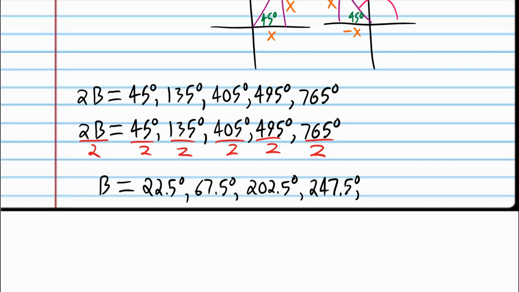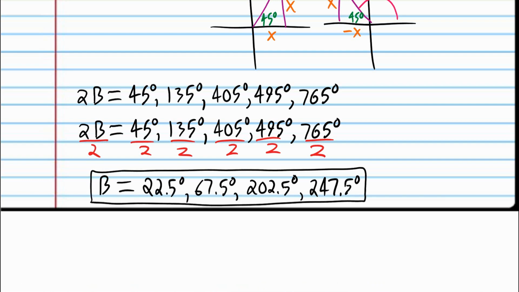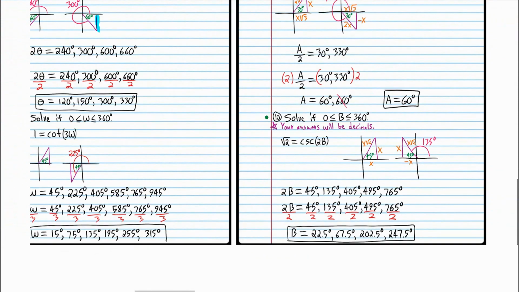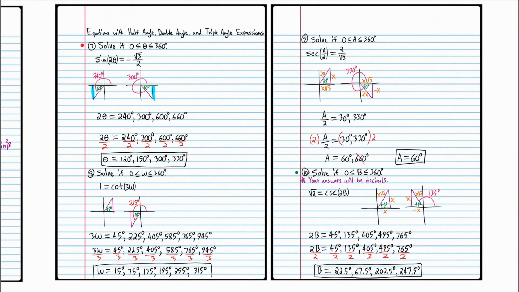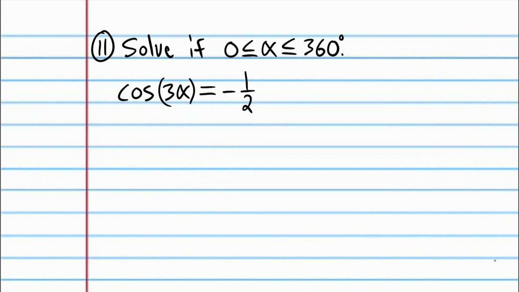But let's divide 765 by 2. And we get 382.5. So that's bigger than 360. So those are our solutions. So if you got those answers, good job. Now I want you to take a picture of these problems to help you do number 11. Be sure to get a picture with your phone. And now let's do number 11. Try number 11. When you come back, we'll do it together.